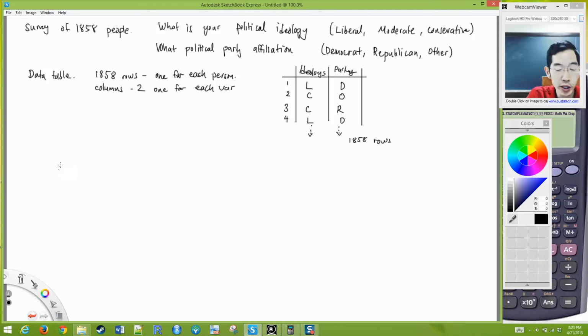Okay, so anyway, we're going to create a summary table. What will my summary table look like? What do I call this thing? So the summary table for this data will be what? No, it's a frequency table, but we have 2 variables, so we call it a 2-way frequency table.